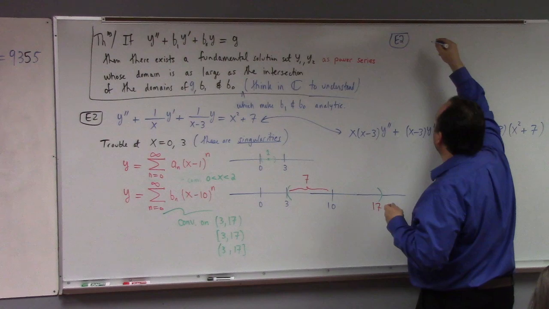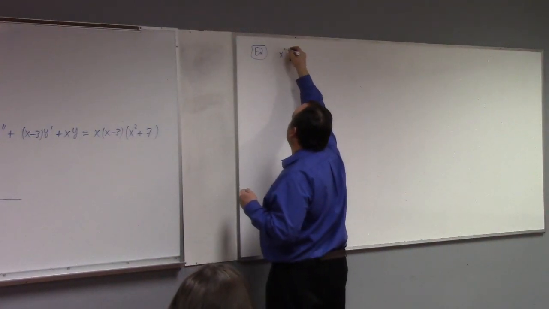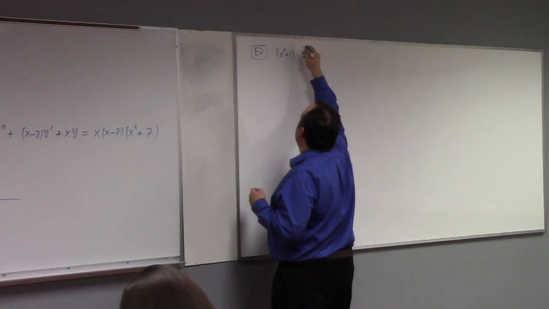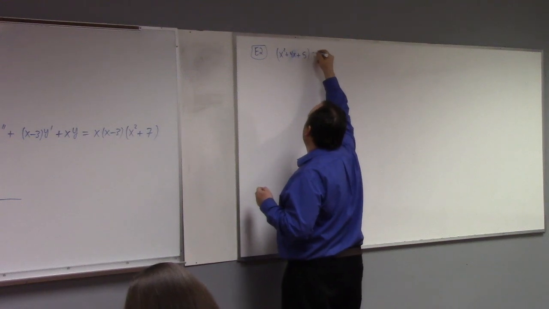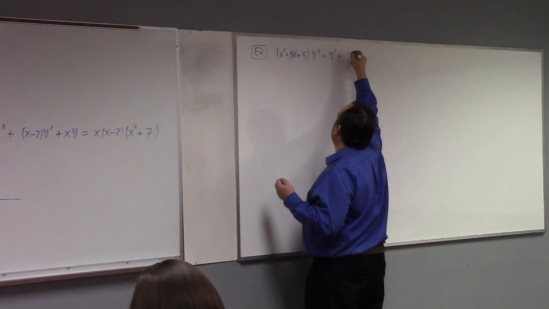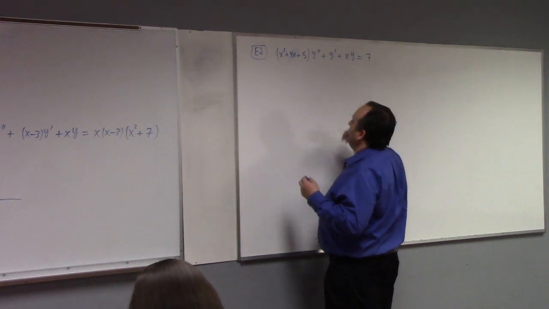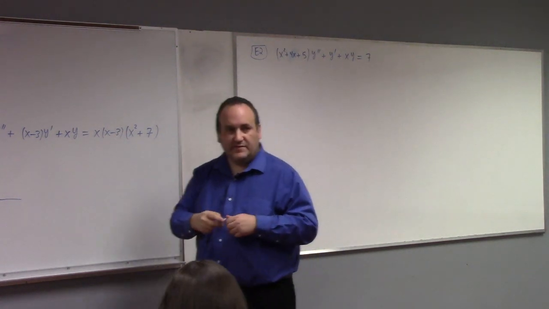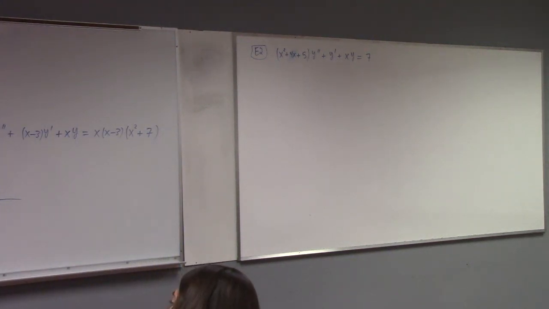If I had, let me do it over here, something like x squared plus 1, well, let me make it more exciting. (x squared plus 4x plus 5) y prime prime, plus, I'll just keep it simple, y prime plus xy equals 7, right? The question I'm asking is, if I write a series solution to this problem, what domain do I expect for the series solution?